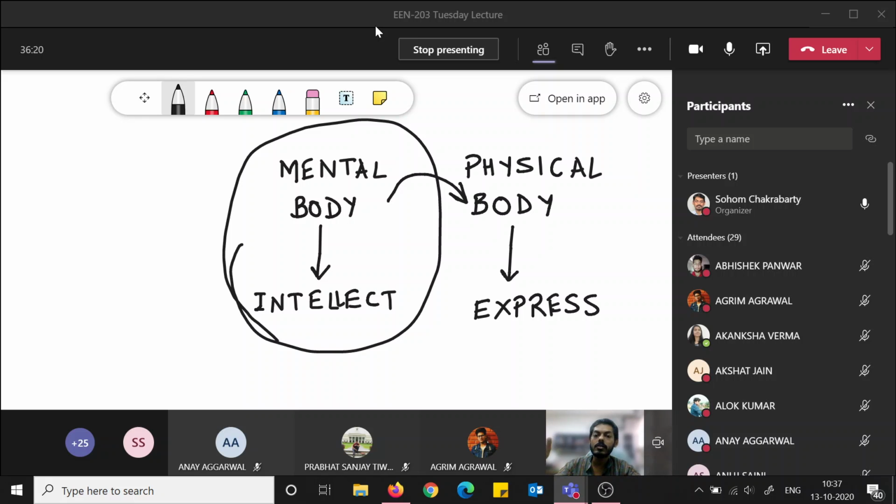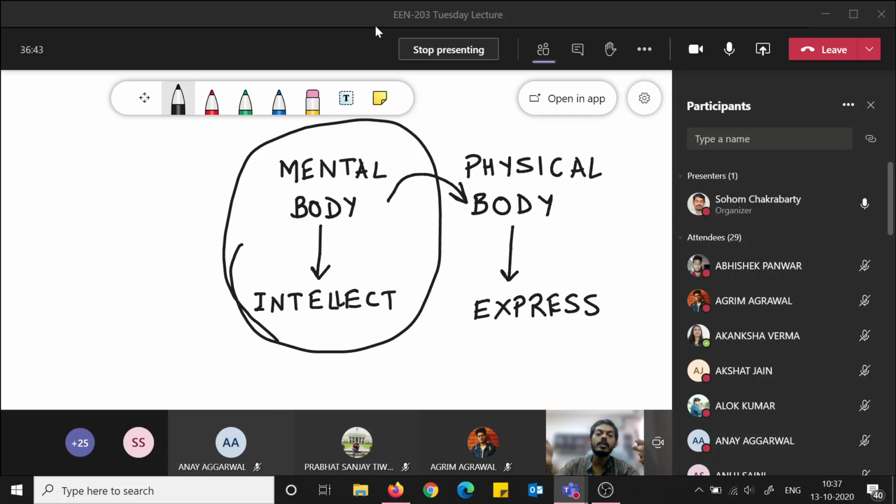But whatever be it, the understanding that we are intelligent living beings having a mind and then a physical body, all these things come quite naturally, so we can understand these things very naturally.